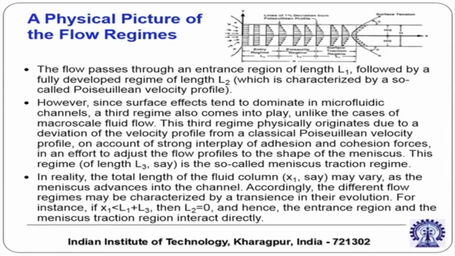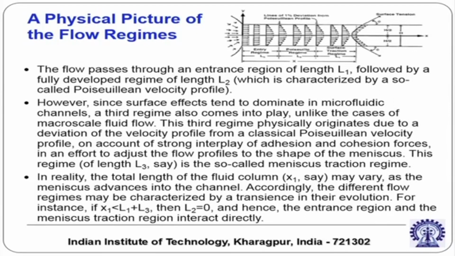So, depending on the instantaneous length, all three regimes may be present, but at least the entrance regime will be there. If x is greater than L1 but less than L1 plus L3, then L2 will be 0 and there will be a meniscus traction regime, but no Poiseuille flow regime.